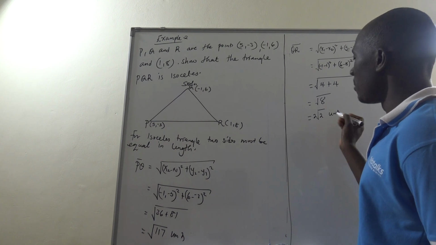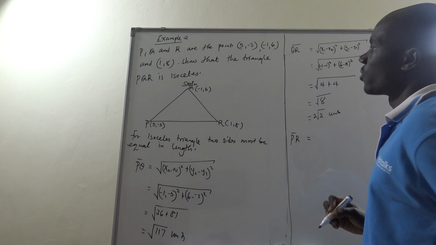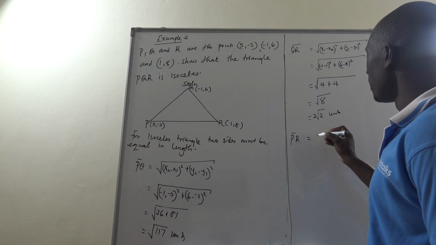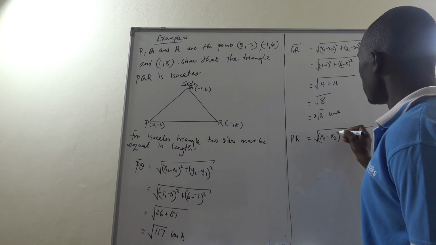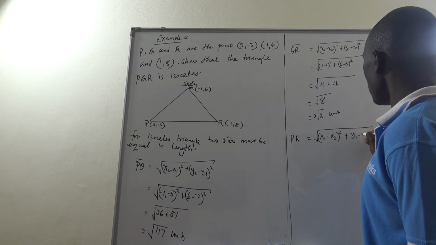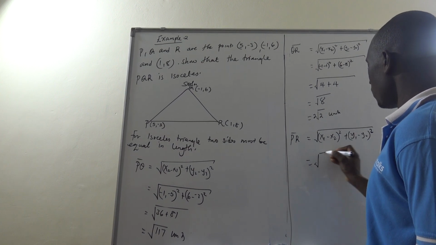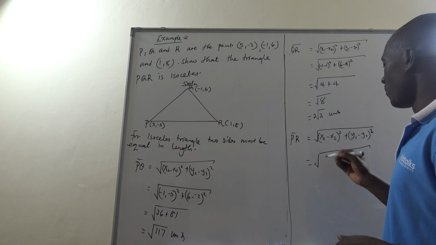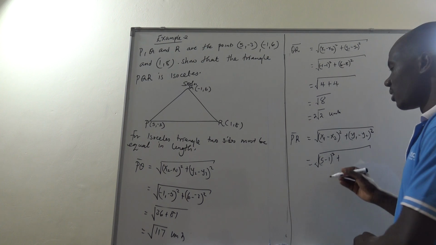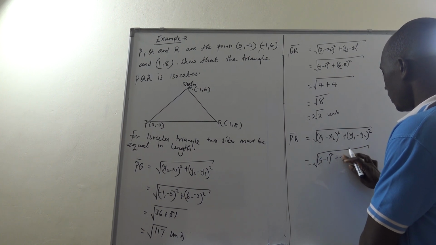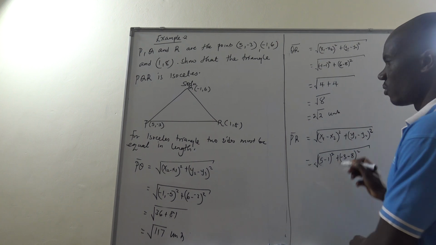So also now we come out with the length of PR. How do we get the length of PR? Still, root of x1 minus x2 the whole of it squared plus y1 minus y2 the whole of it squared. We are getting root of 5 minus 1 squared plus -3 minus 8, the whole of it squared.